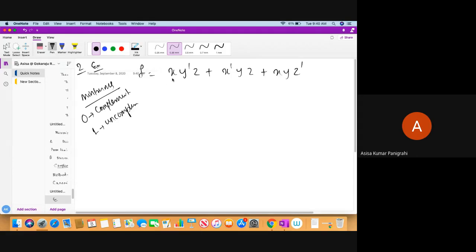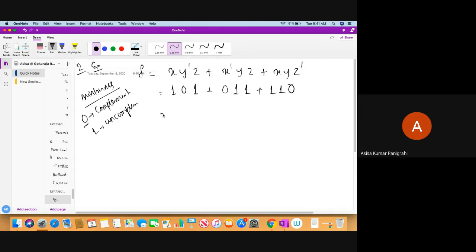So wherever uncomplement is there, this is uncomplement form, so you put 1. Wherever complement form is there, what you need to put? 0. Wherever uncomplement, put 1. Plus is as it is. So wherever complement form, put 0. Wherever uncomplement form, put 1 1 0. Z bar is complement form.